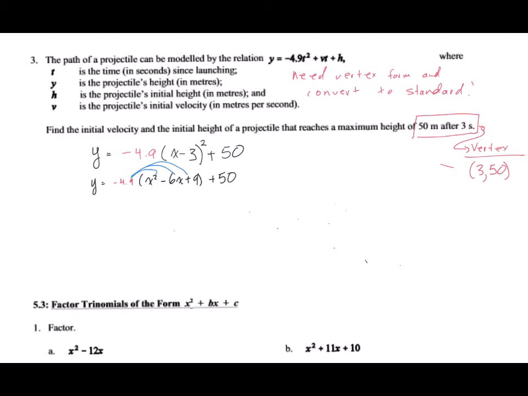Doing so, you're going to end up with y is equal to negative 4.9 x squared plus 29.4x minus 44.1 plus 50.